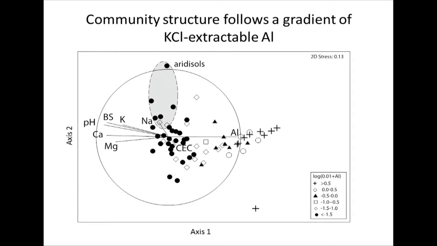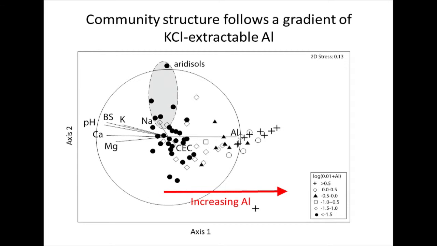If you look over here on the right-hand side, the samples represented with pluses are the samples with the highest aluminum concentration, and the filled-in circles represent those samples with the lowest concentrations. You'll notice that we have a lot of these circles filled in, and that is where diversity saturates on the previous diagrams that you saw. So we see this trend where the community is separating out on this continuum of aluminum concentrations.